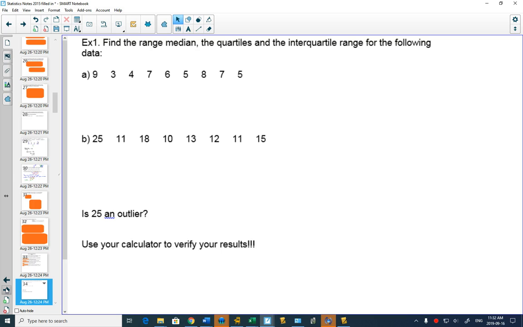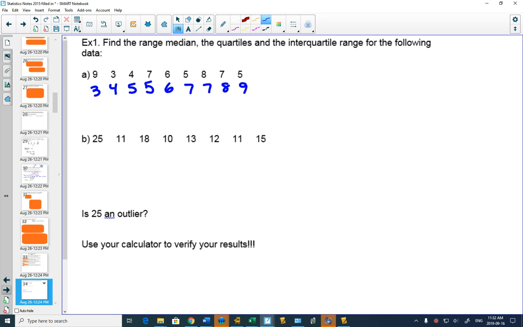Here's our data. The first thing you're going to do with data is rewrite it from smallest to biggest. Again, I wrote things underneath just so I matched up that I had the same amount of numbers that I began with.